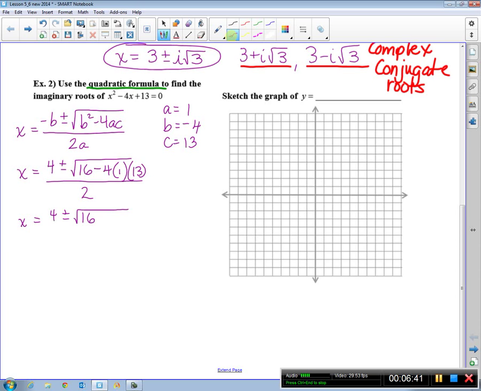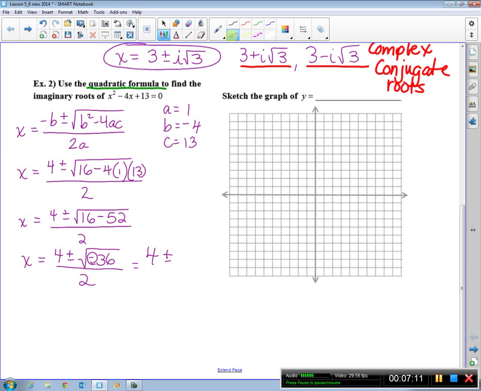So we're going to have 16 minus 52. 16 minus 52 is negative 36. So we have 4 plus and minus square root of negative 36.